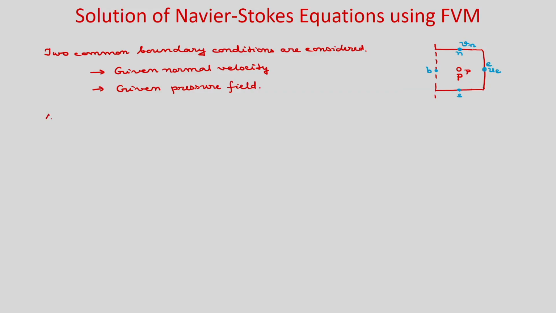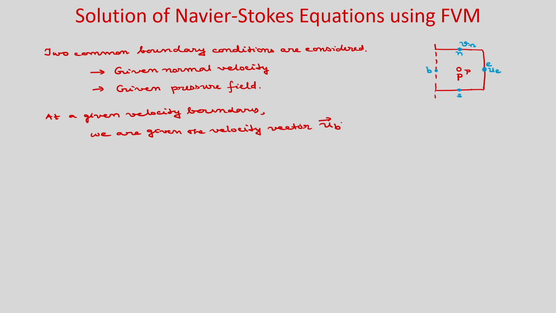So, at a given velocity boundary, we are given the velocity vector u b. So, at this boundary, u b is specified.